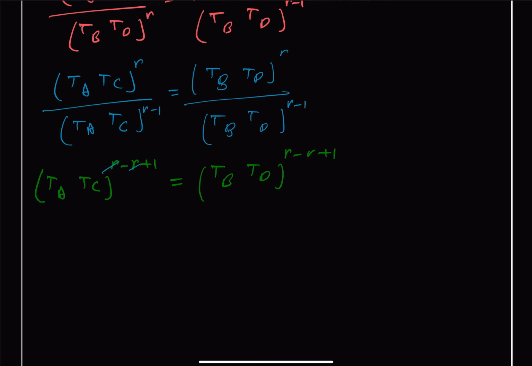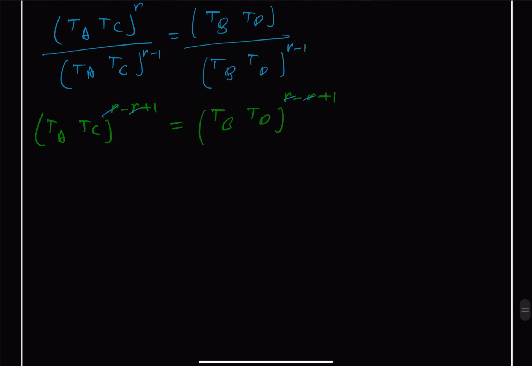The gamma cancels out, so we get TA TC is equal to TB TD, and we need to find TD.